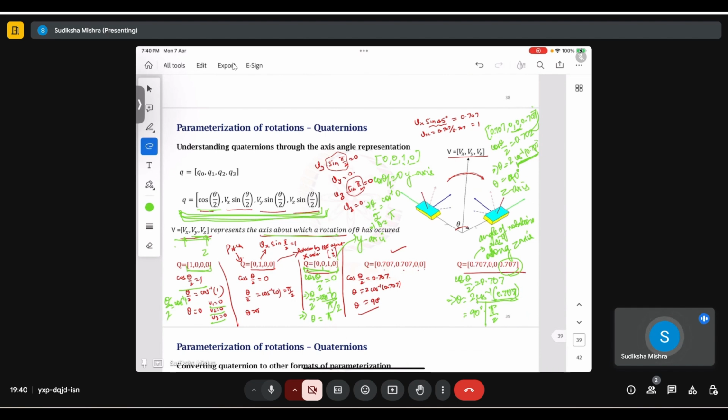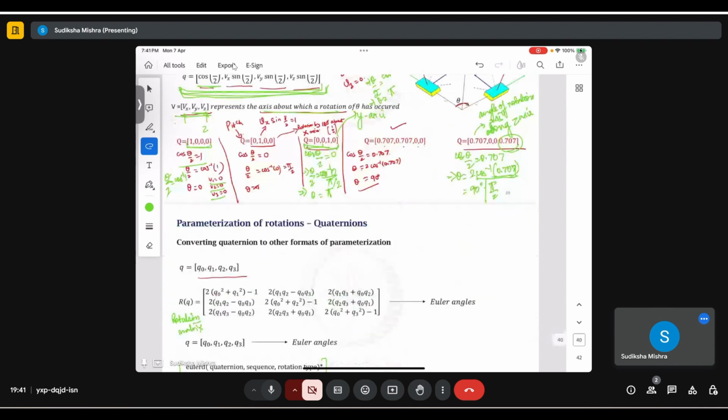If there is some random number, suppose the number is 0, 1, 1, 1, then the net rotation is pi, which has happened along the x, y and z directions.